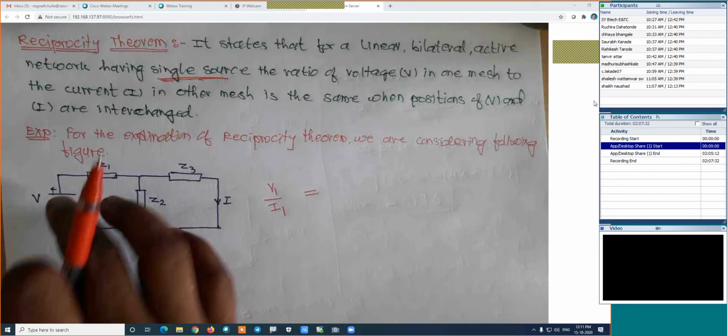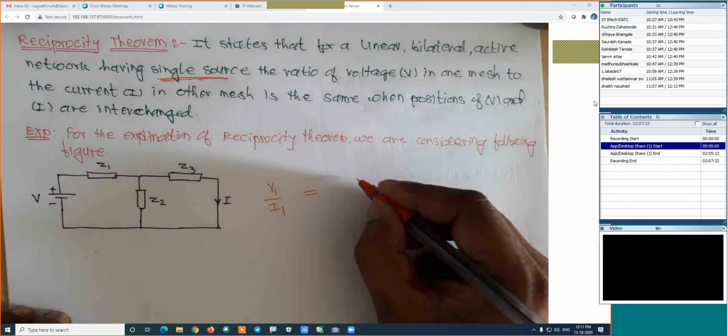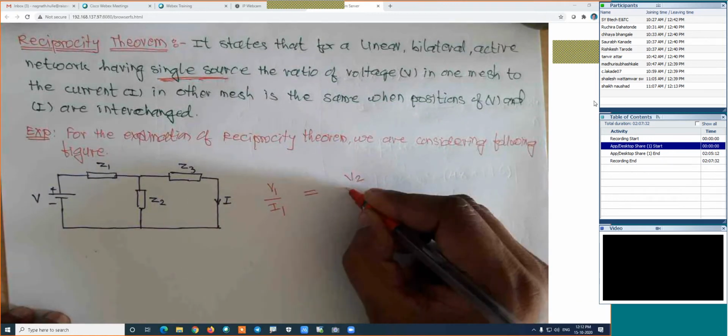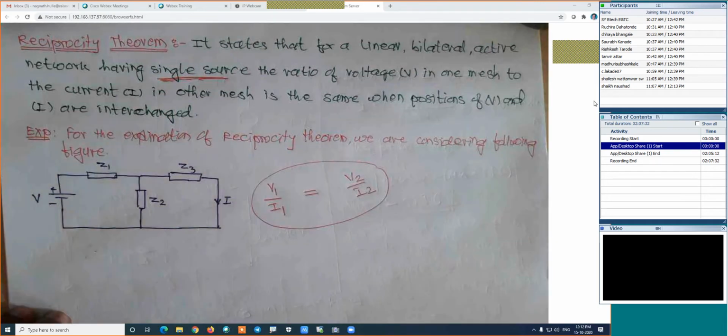Means हम इस V को यहाँ पे connect करते हैं और I यहाँ पे measure करते हैं. In that case, I will call it V2 and I2. ये दोनों ratio same होता है. That verification we have to do using this particular theorem, which is nothing but the reciprocity theorem.